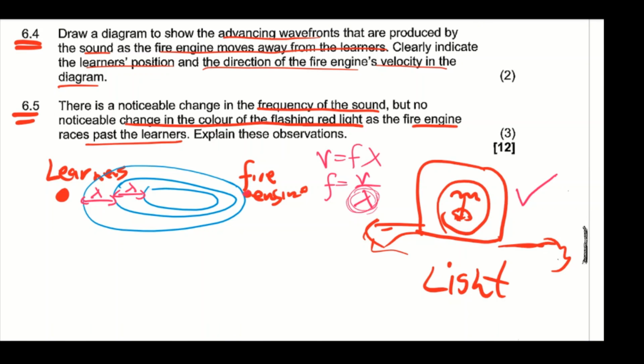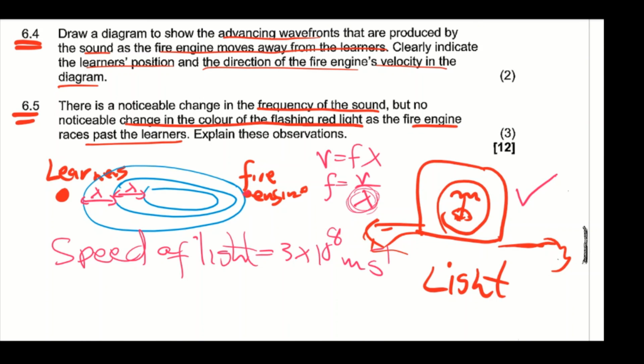So the main reason for that is that the speed of light is so fast that it's difficult for us to notice, and it's given as 3 times 10 to the power 8 meters per second.